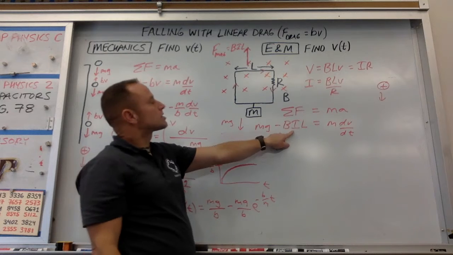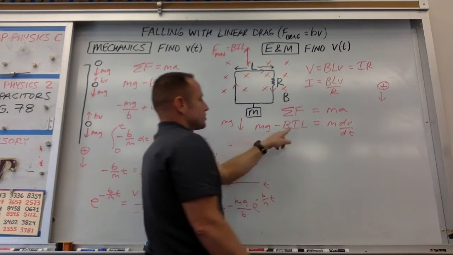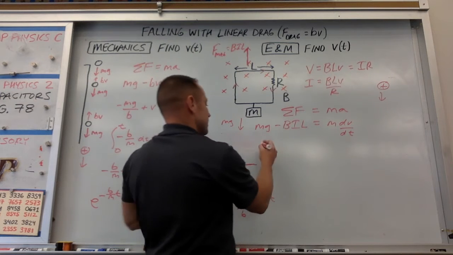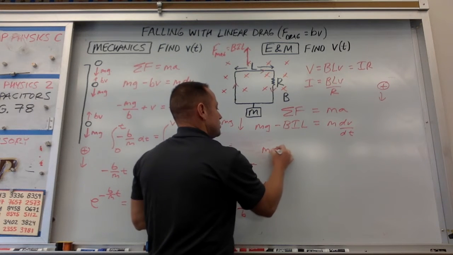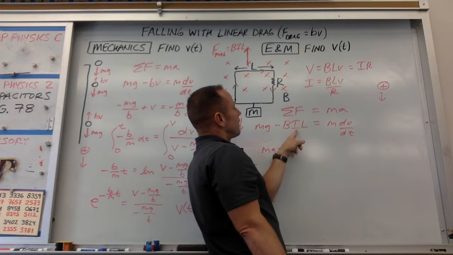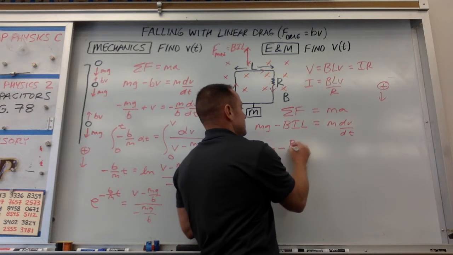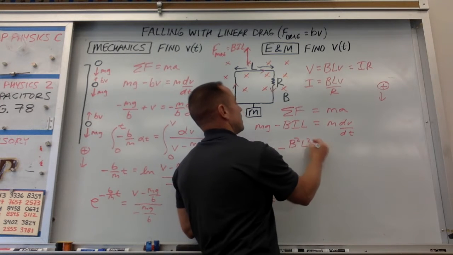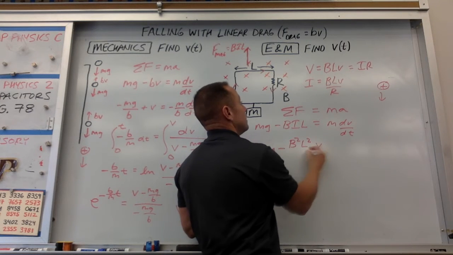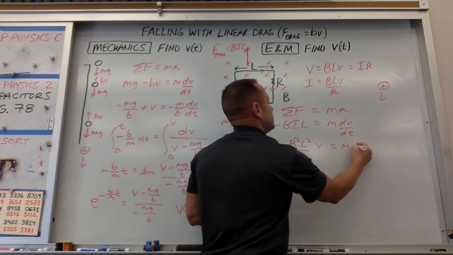Well, what we can do is put in this expression for the current that we found, and you'll see it depends on velocity. So we have a velocity-dependent force here. So we have mg minus, if you put all this stuff in for the current, B squared L squared V divided by R equals m dv/dt.